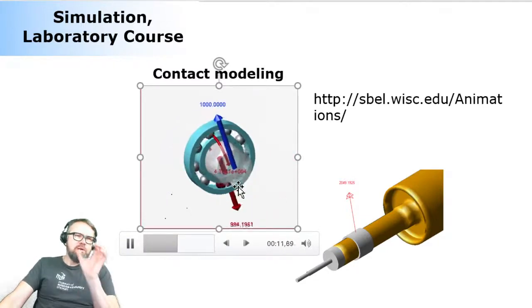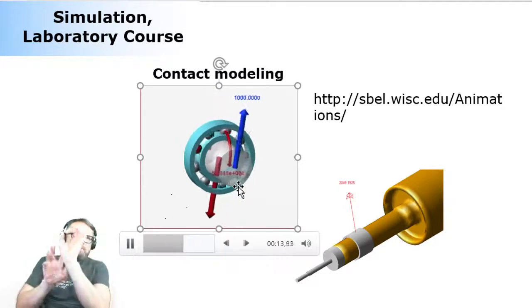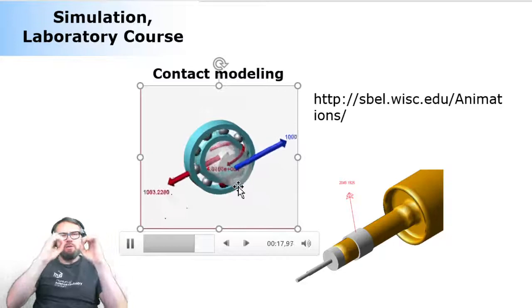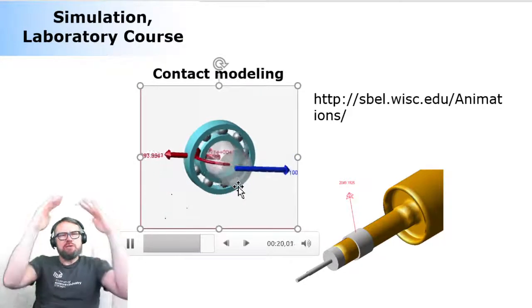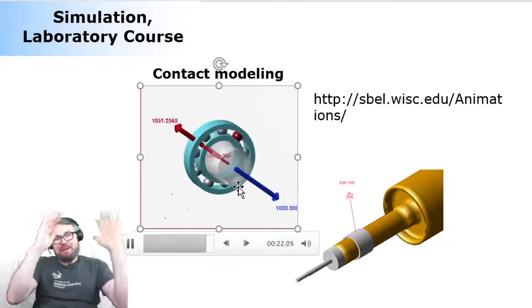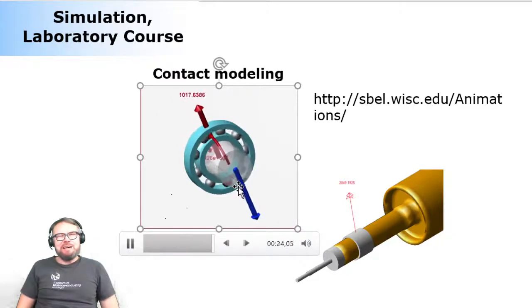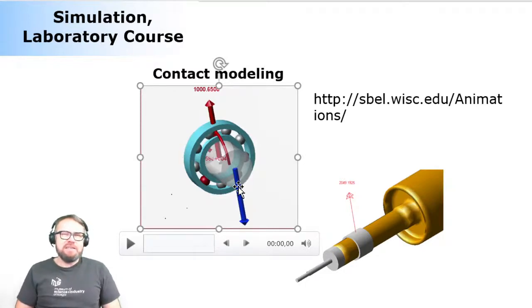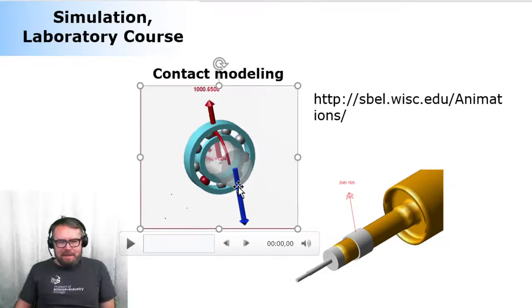So if you have one ball where the force can travel through the ball, the stiffness is different than when there are two balls and the force is traveling via these two balls. I don't know if you can understand that from my hands, but no worries if you don't, because we will get back to that. But again, just an example about the contact modeling.